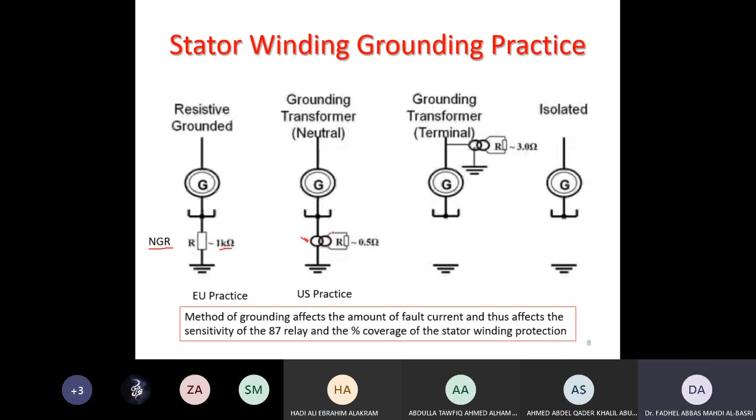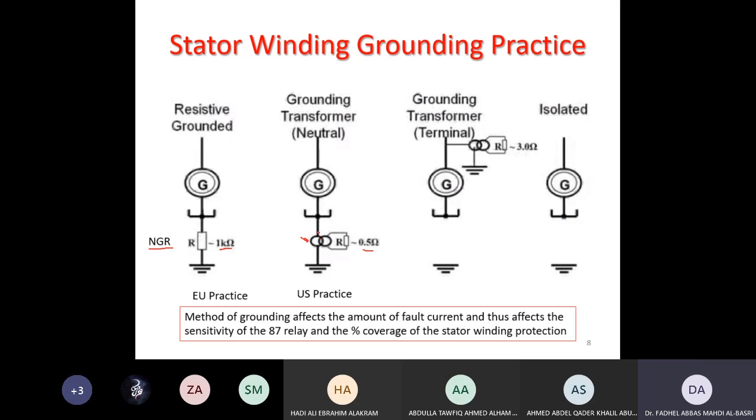The grounding transformer is then connected through a small resistance, because at the end, if you take this 0.5 ohm and have a ratio of, let's say, 100 to 1, this will be 0.5 times 100 squared over 1.